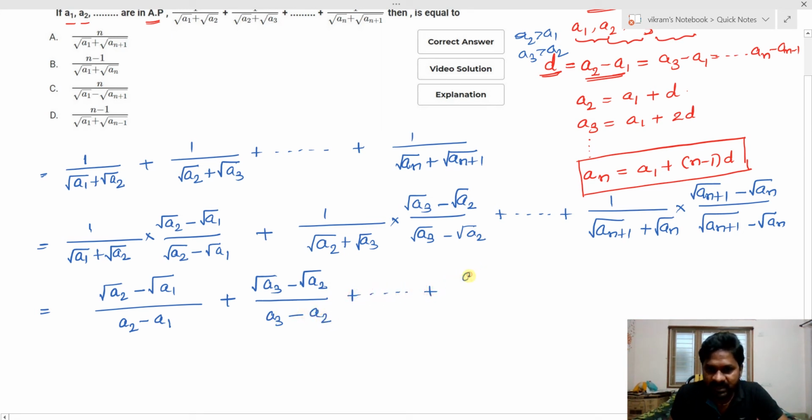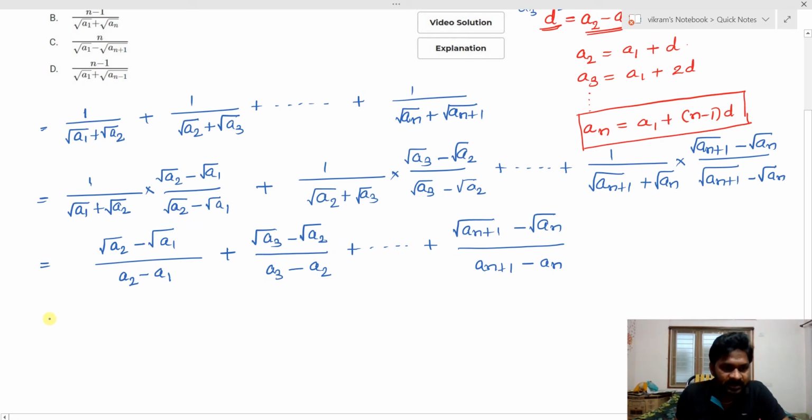Finally we get square root a(n+1) minus square root an by a(n+1) minus an.